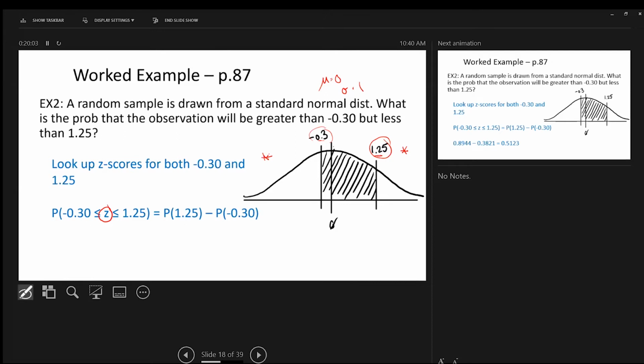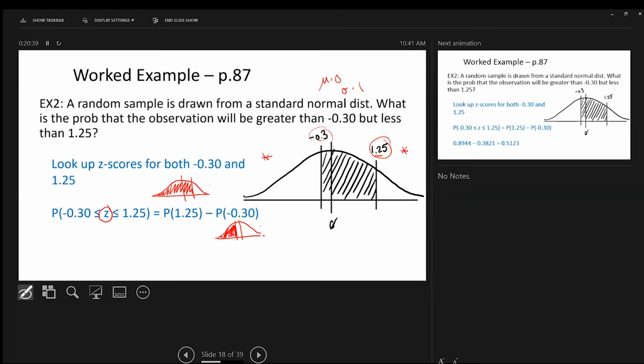And that's because this 1.25, when we look that up on our table, gives us all of this entire area here. When we look up negative 0.3, we get this entire area. Because we're trying to find the area between these two, we're taking this whole area here and we're removing this bit.